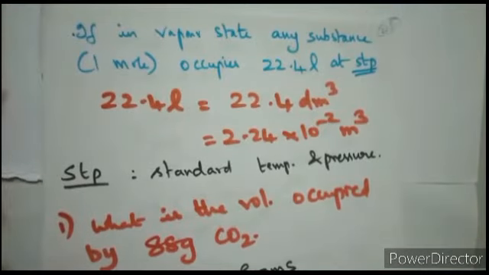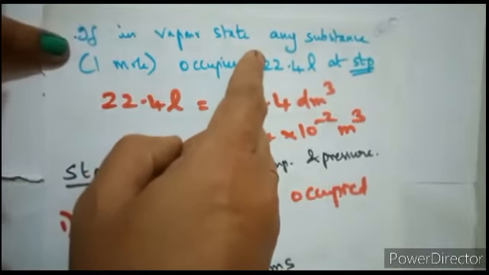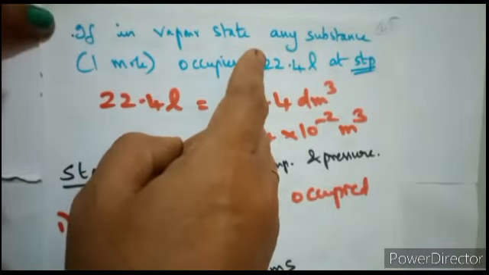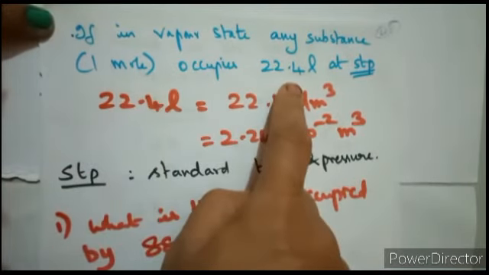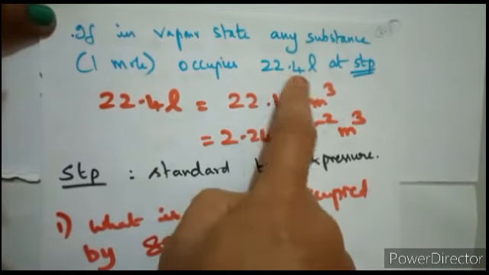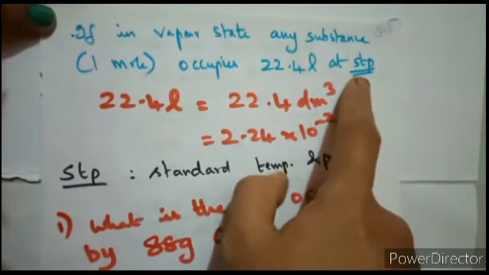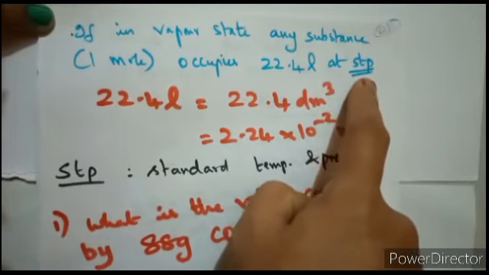We come to the last part. If a substance is in the vapor state, we cannot use the mole, molecular weight or the molecules. Instead, we go for the volume occupied. Any substance, 1 mole occupies 22.4 liters at STP. STP or NTP means the standard temperature and pressure.